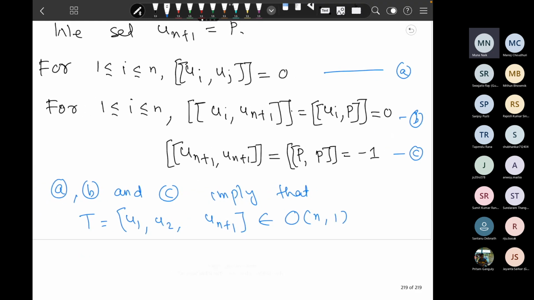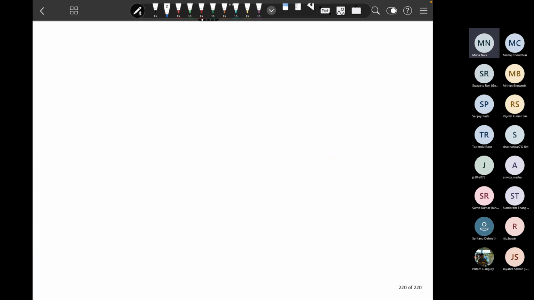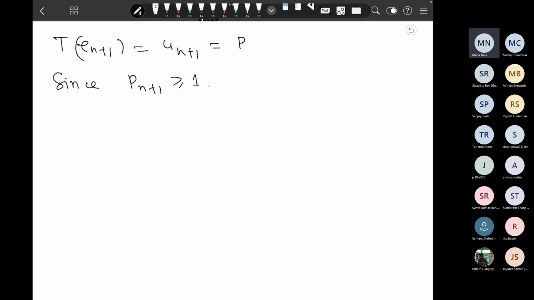Now what is T of en+1? This is equal to un+1, which is equal to p, and we have seen that since pn+1 is greater than or equal to 1, this means the (n+1, n+1) entry of T is greater than or equal to 1.